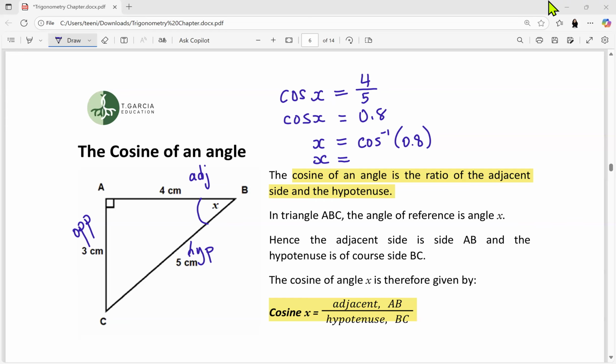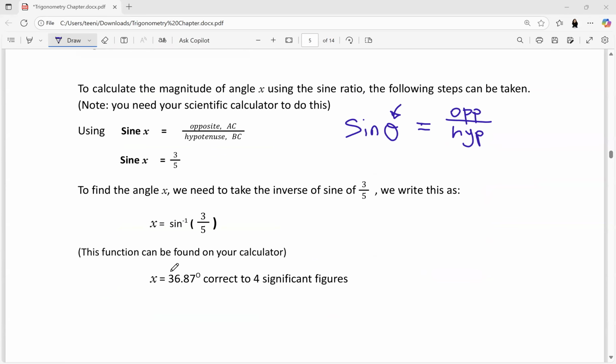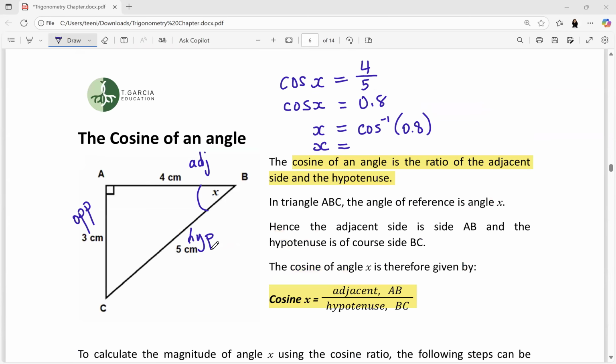I did it. I got 36.869. Yes. Perfect. So guys, do you realize that it's the same answer as the one above? It was 36.87.